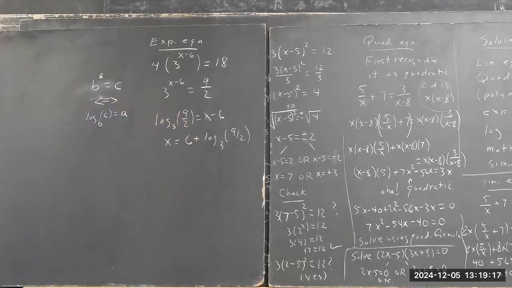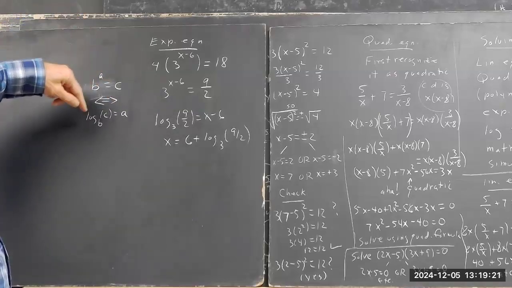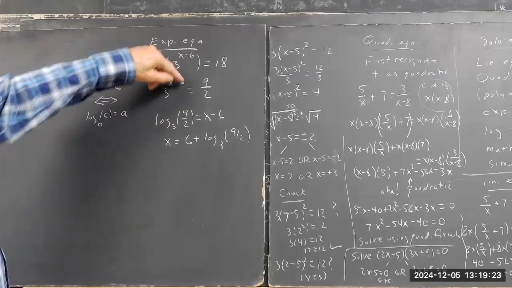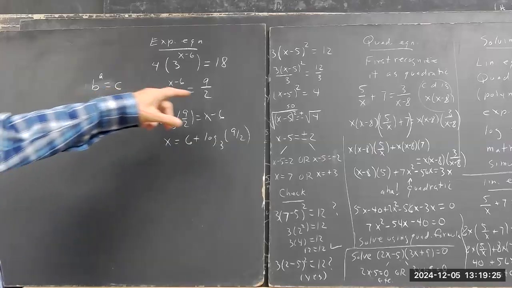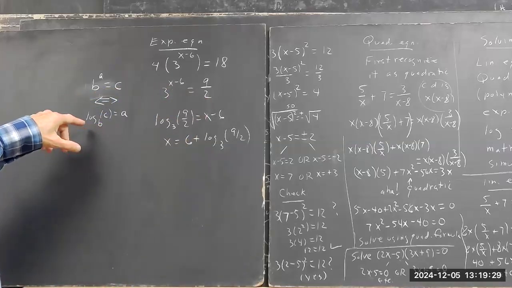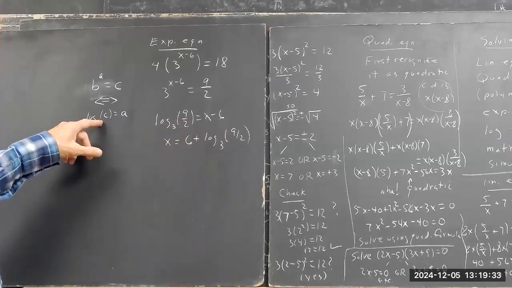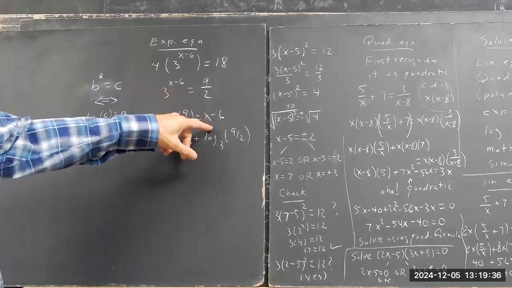And that's what we used here. b was 3, a was x minus 6, and c was 9/2. Converting to log, it's going to be the log base 3 of c, which is 9/2, equals a, and a is x minus 6.